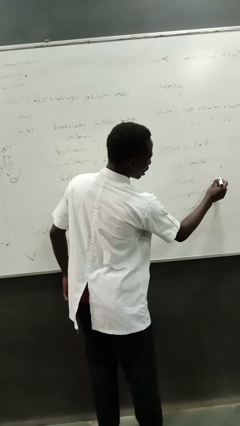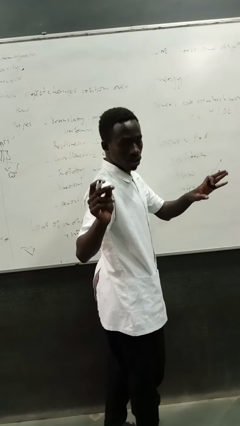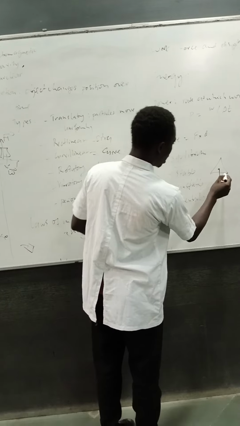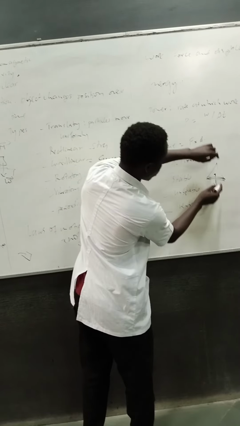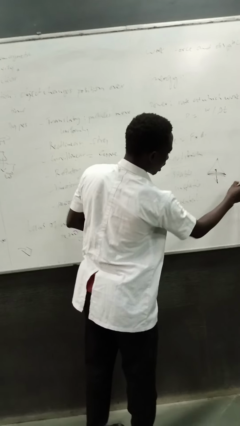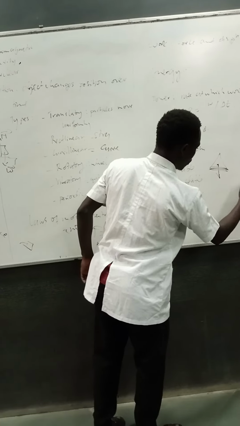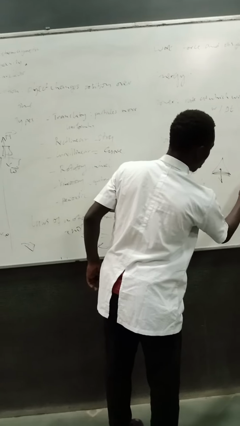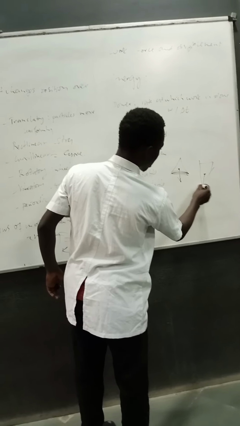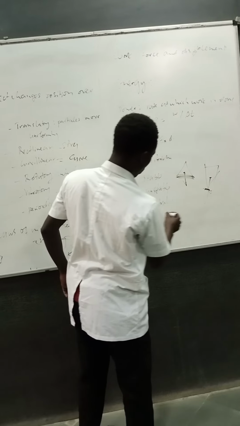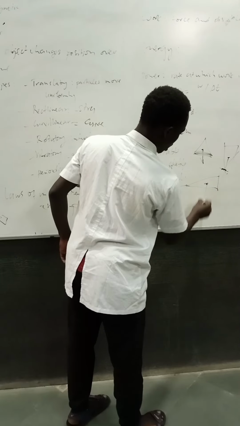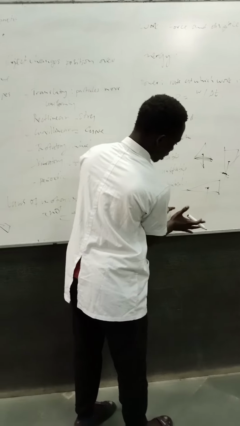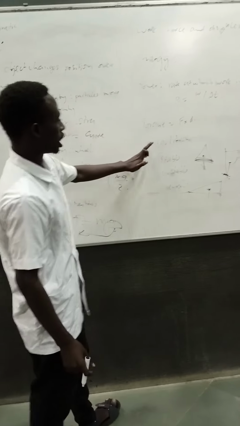There is stable equilibrium, which means the weight force is exerted in the middle and the base of support is able to hold the object. Unstable equilibrium is when the force of gravity is unable to support the whole body. Then there is neutral equilibrium. All forces are just acting to maintain stability and equilibrium.